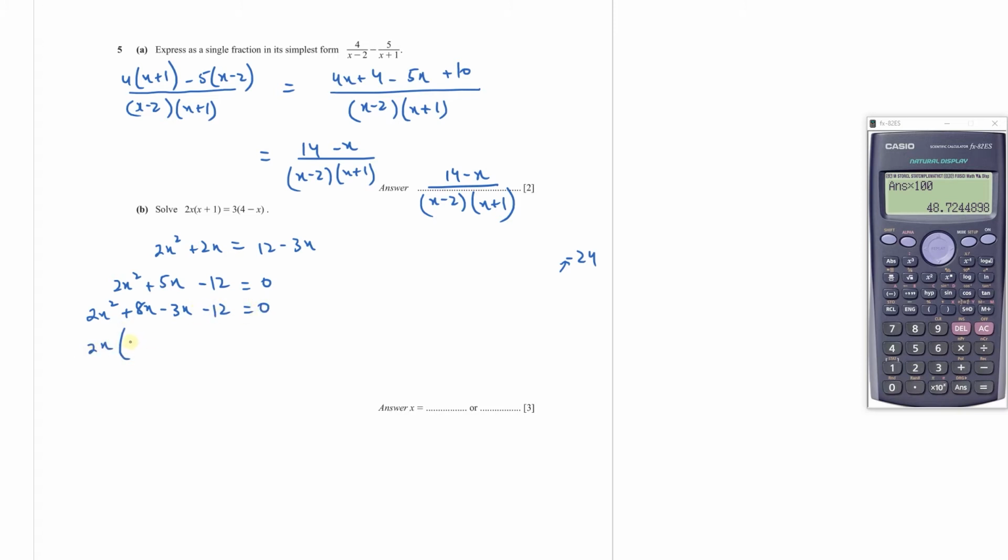I can take 2x common here, x plus 4, minus 3 common here, x plus 4 equals 0. And then x plus 4 is common, so this will be x plus 4 times 2x minus 3 equals 0. So x equals minus 4, or x equals 3 over 2.